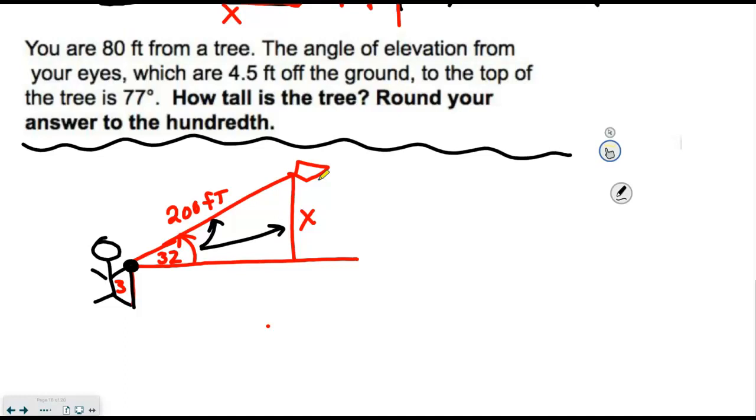So this would be a sine function. The sine of my 32 is opposite over hypotenuse. I'd solve that for x, and that would give me this. But then I have to tack on that extra 3 feet that it's being held up from the ground level.